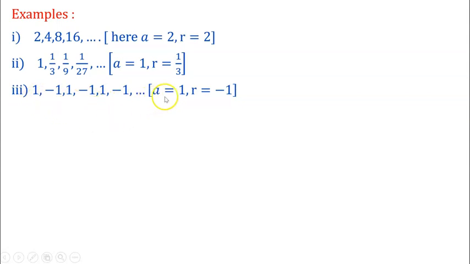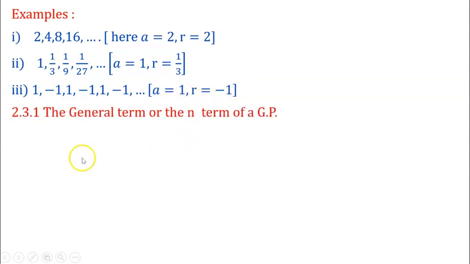Here again the first term A is equal to 1 and the common ratio is minus 1 upon 1, so you will get r is equal to minus 1. Next, the general term or the nth term of a GP.